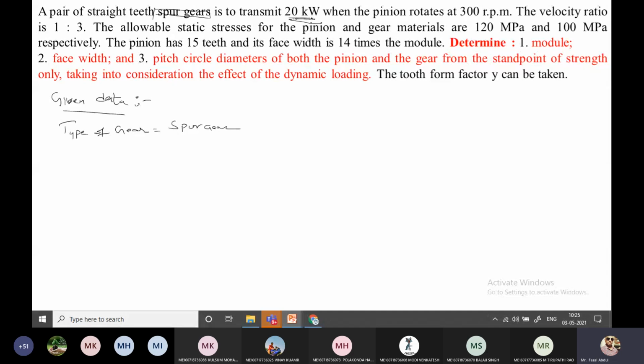What is 20 kilowatts here? Power. By seeing the units, we have to conclude. When the pinion rotates at 300 RPM, RPM is given, nothing but speed. Speed of the pinion equals 300 RPM.